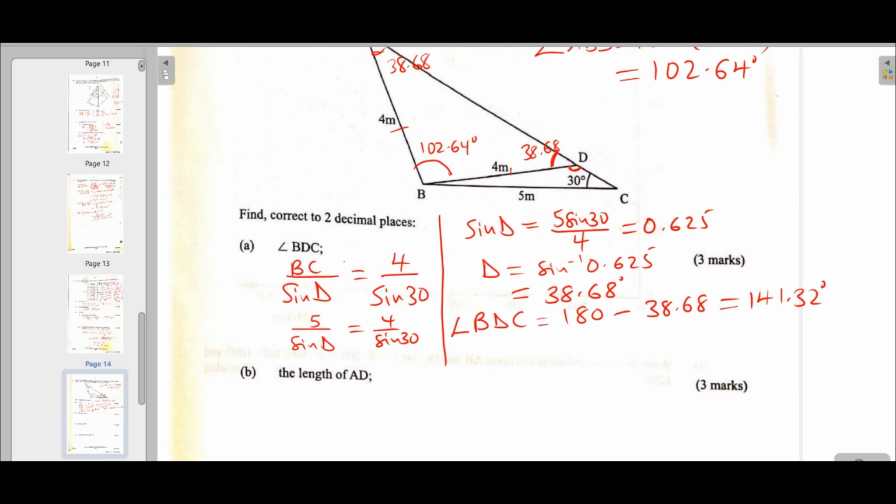For the cosine rule, we are looking for side AD squared, which will be equal to the square of the two sides, AB squared plus BD squared, minus 2 multiplied by side AB times side BD, cosine of this angle B. So let us substitute: AB is 4, squared is 16, plus BD is 4, squared is 16, minus 2 times 4 times 4, that is 32, then cosine of 102.64.